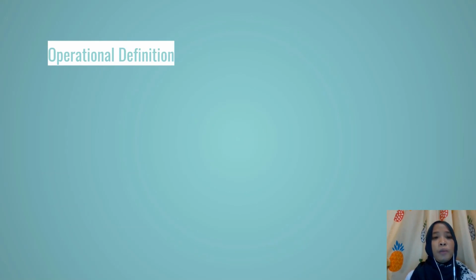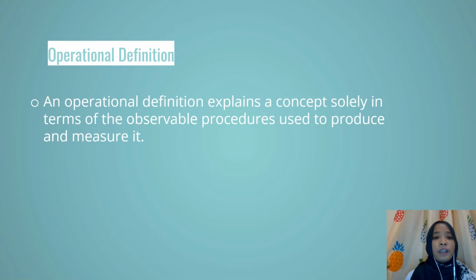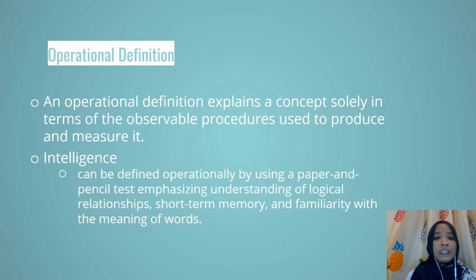So what is an operational definition? An operational definition explains a concept solely in terms of the observable procedures used to produce and measure it. For example, intelligence. Intelligence can be defined operationally by using a paper and pencil test emphasizing understanding of logical relationships, short-term memory, and familiarity with the meaning of words.